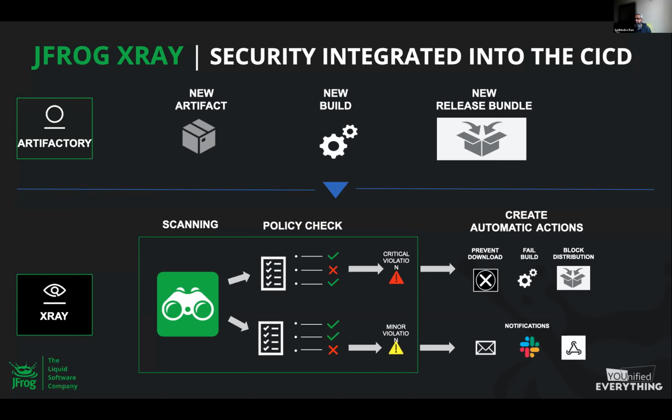Xray holistically looks at security from a contextual analysis perspective to tell you not just the vulnerability and license compliance issue, but also exactly where the problem is in the software you're packaging, looking at the threat model and how it could be exploited.